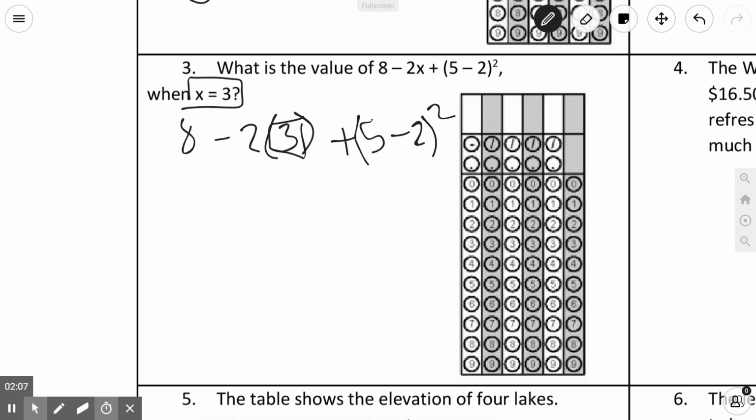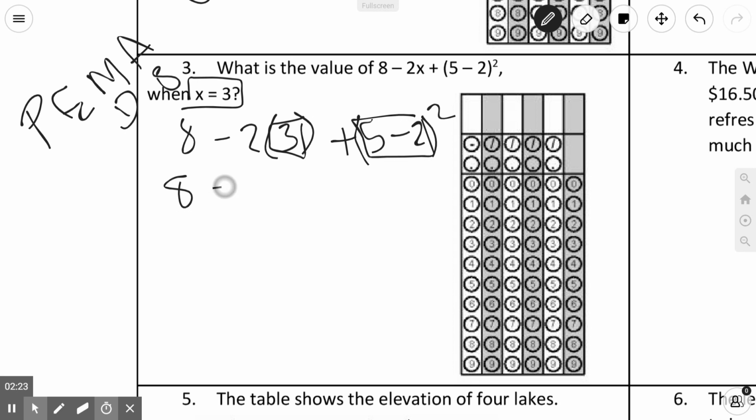Let's go ahead and do this. If I do PEMDAS, parentheses, exponents, multiply, divide, add, subtract, I start with parentheses. So inside this parentheses, I have 5 minus 2 gives me 3 squared. So we did the parentheses.